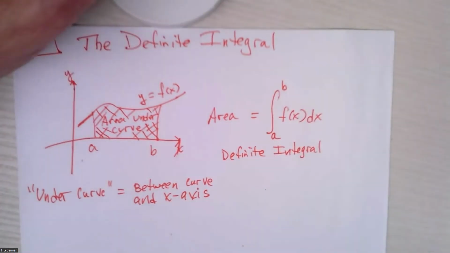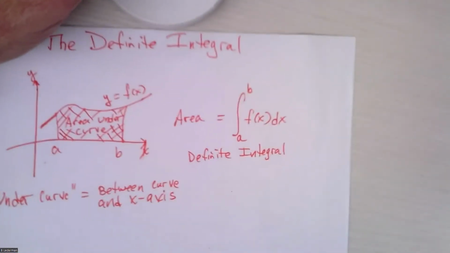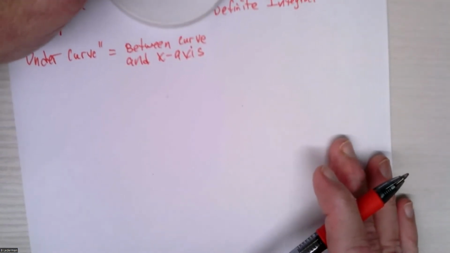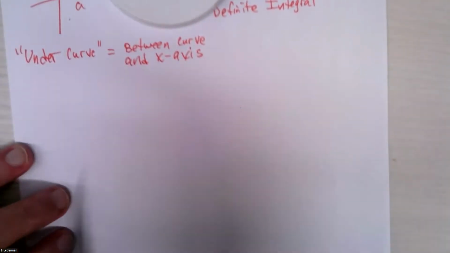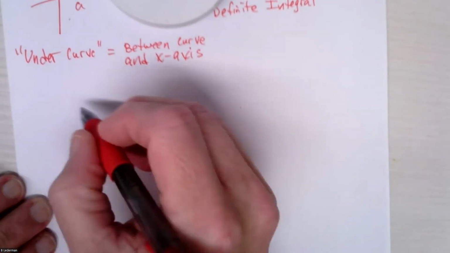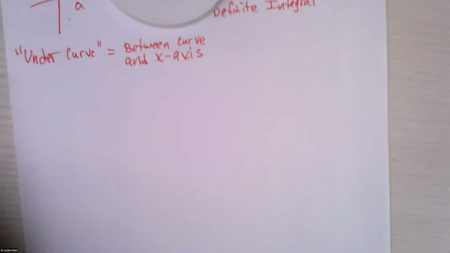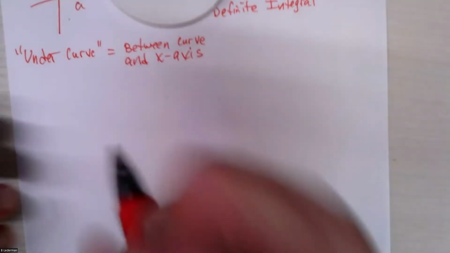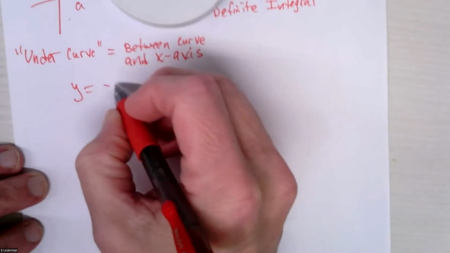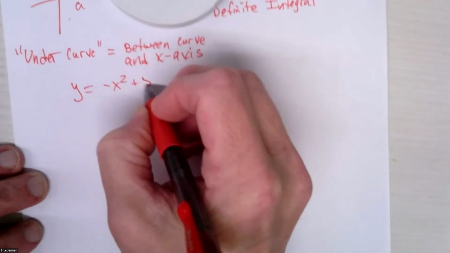So, for example, if I wanted to have the area, let's say I have a parabola here. Let's look at y equals negative x squared plus 5.